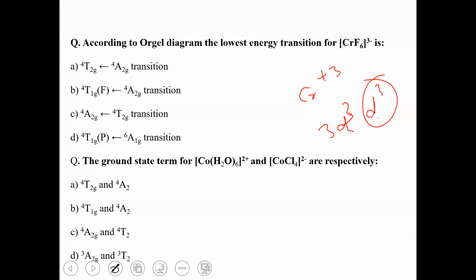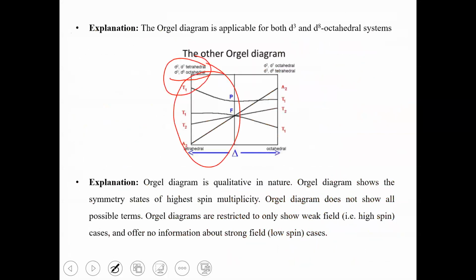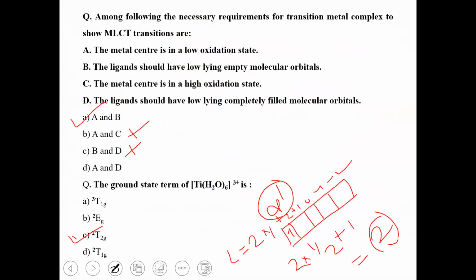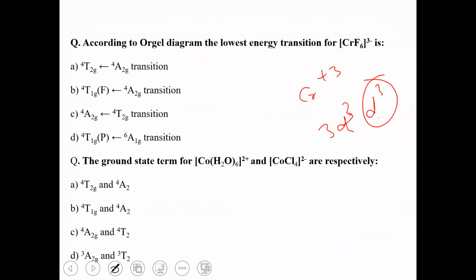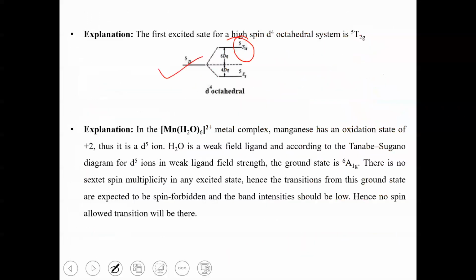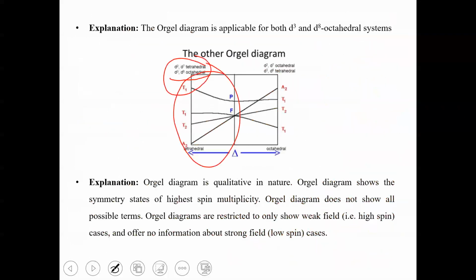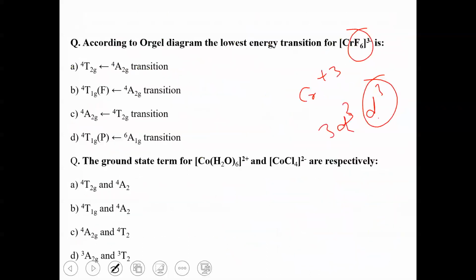So just go to the orbital diagram. Since it is an octahedral system, it will show the spectra of this type. Since there is no high spin and low spin complex here, you have to identify the lowest energy transition.